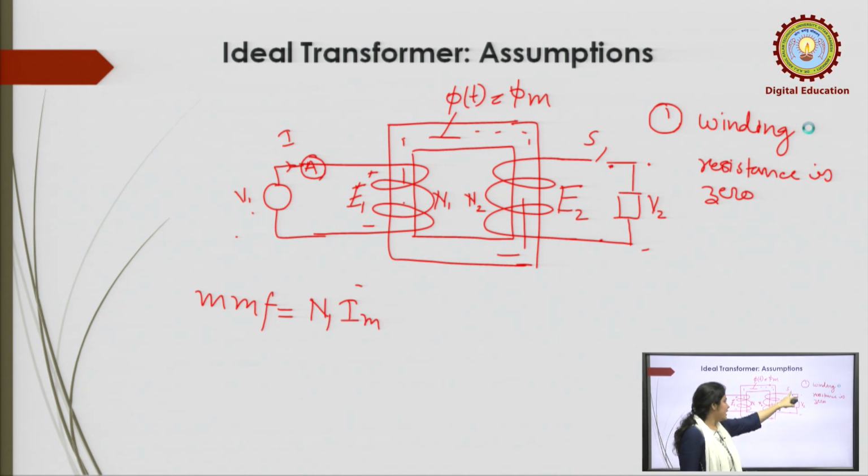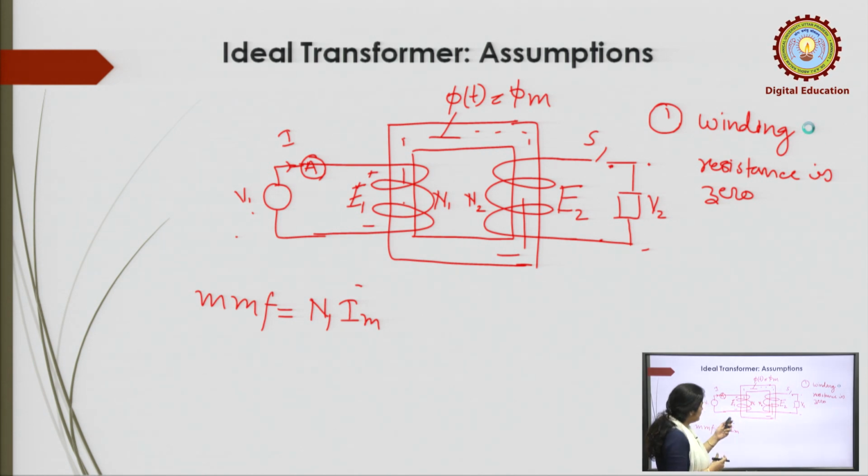That means the switch S is open, and there is no current in this winding. So, you are drawing the phasor diagram for an ideal transformer.